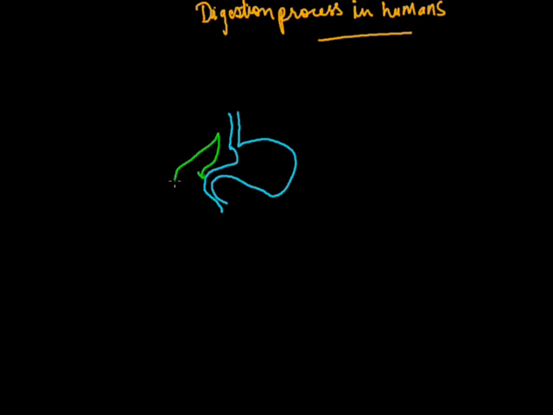This I am drawing to show you the pancreas gland, which looks like this. Now let us come to the alimentary canal again, after the stomach. This is the large intestine I am drawing.